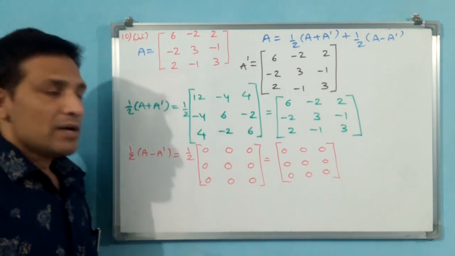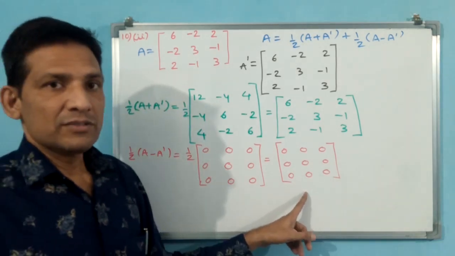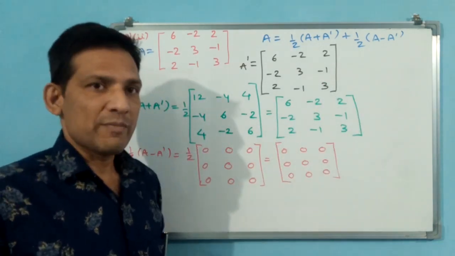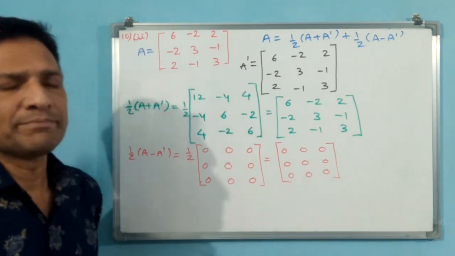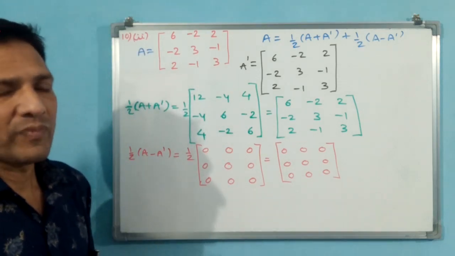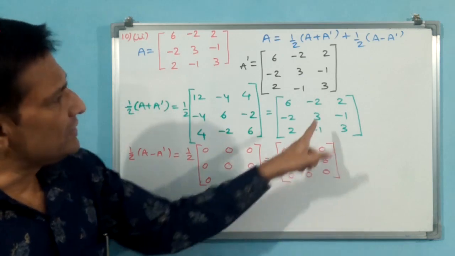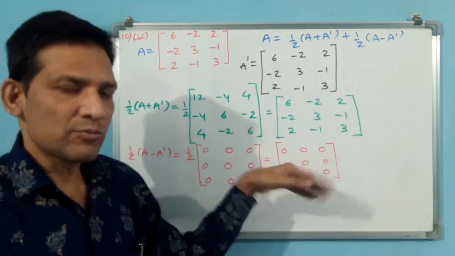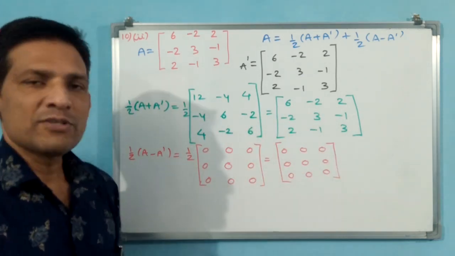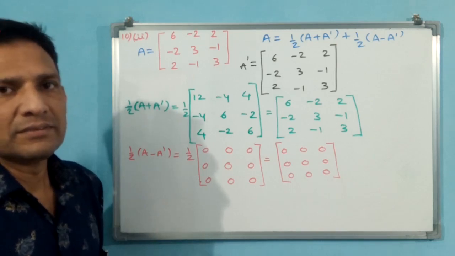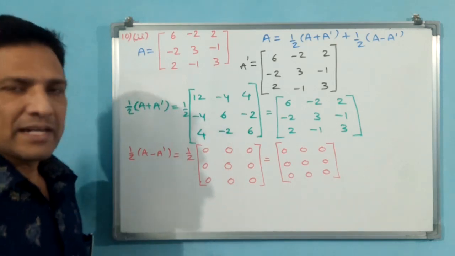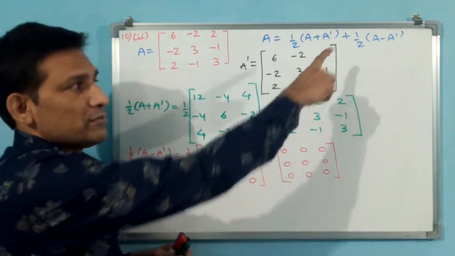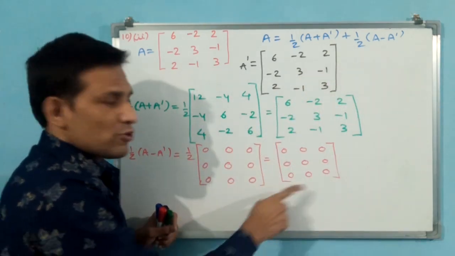One more point. This should become a skew symmetric matrix. Is it a skew symmetric matrix? First we analyzed that the other is a symmetric matrix. What is the condition for a skew symmetric matrix? Same like symmetric, a skew symmetric matrix should be a square matrix.